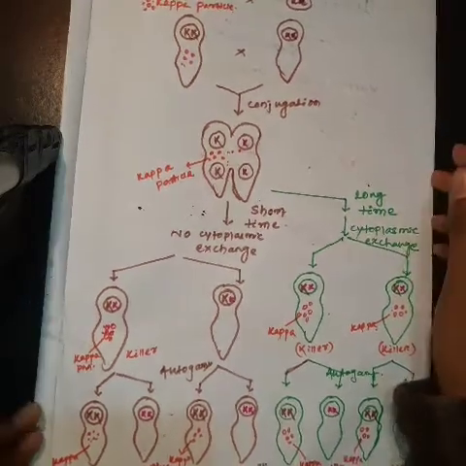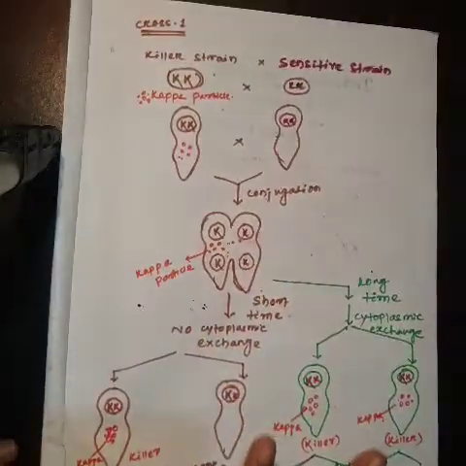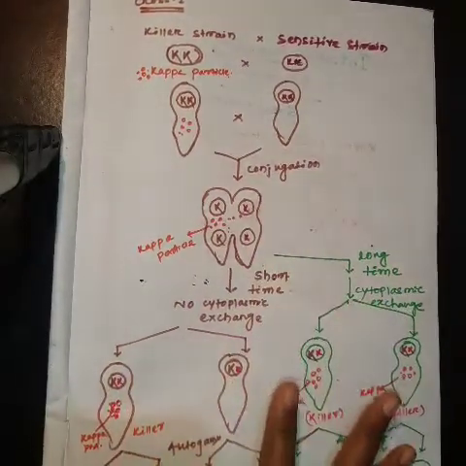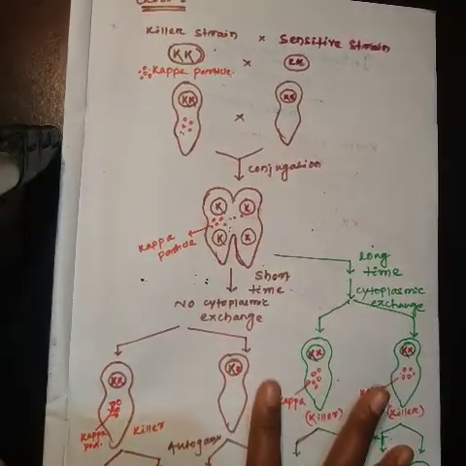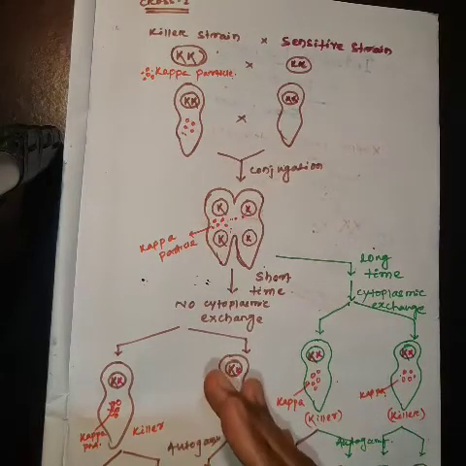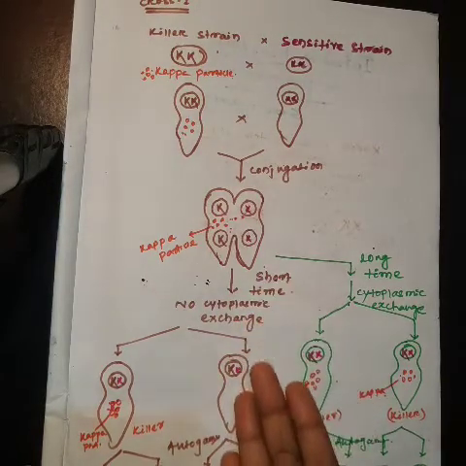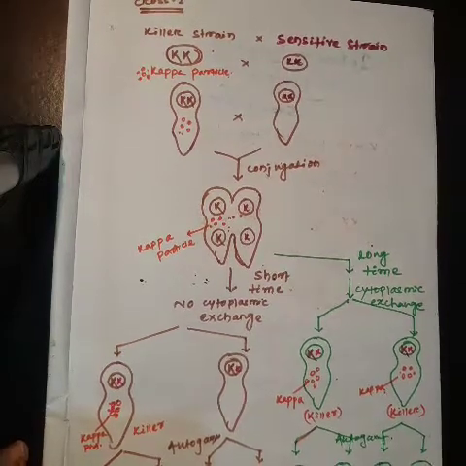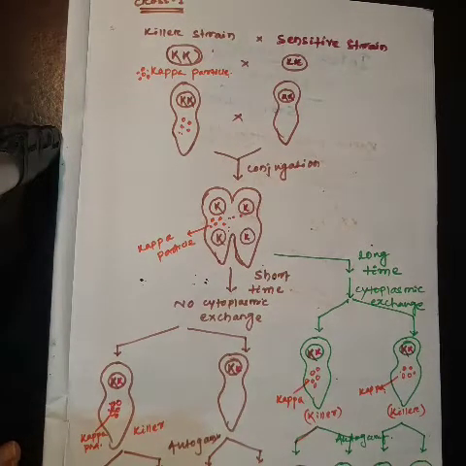So this is all about paramecium infective heredity, which is the best example of cytoplasmic inheritance, and we can also say extra chromosomal inheritance.